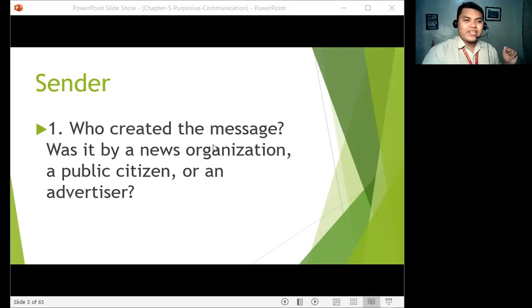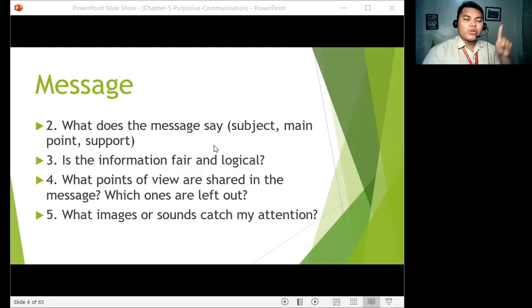After identifying the sender or the creator of the information, you need to evaluate also the message. So in the message, you are going to ask yourself, what does the message say? You need to identify the subject, the main point, and all the supporting details that accompany it. And you need also to ask, is the information fair and logical?